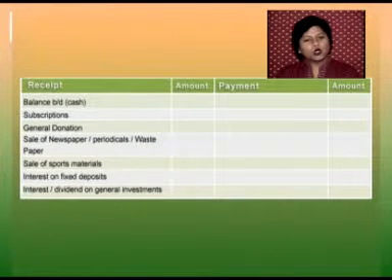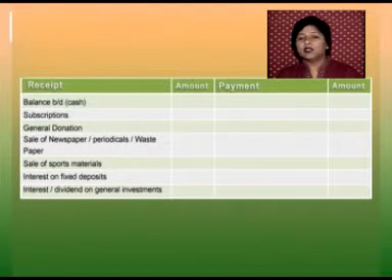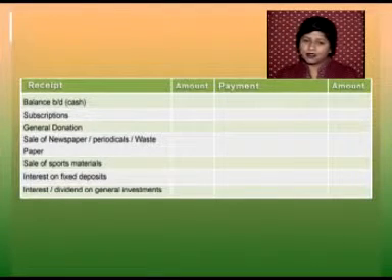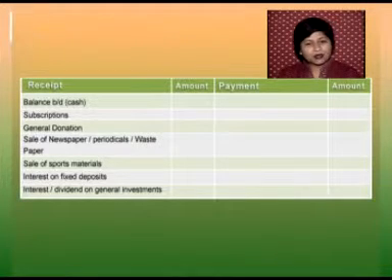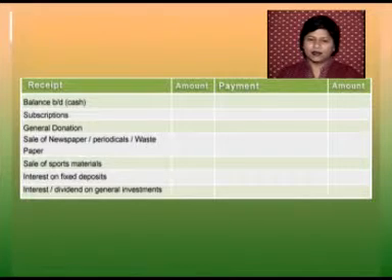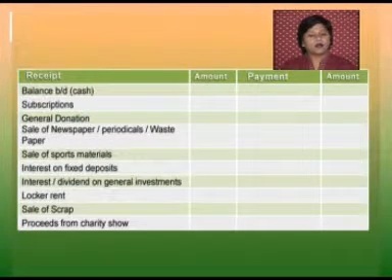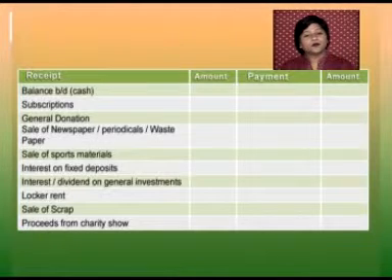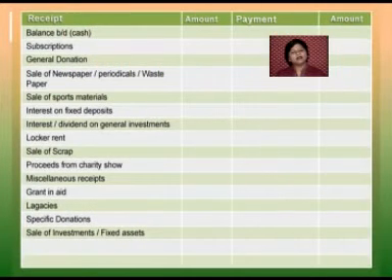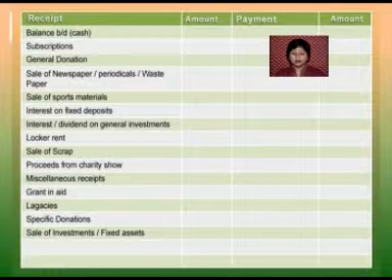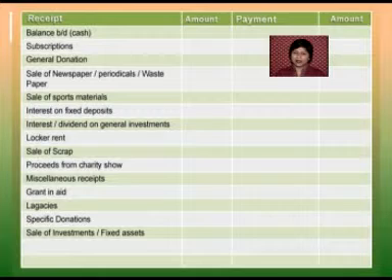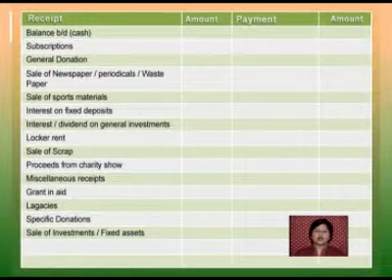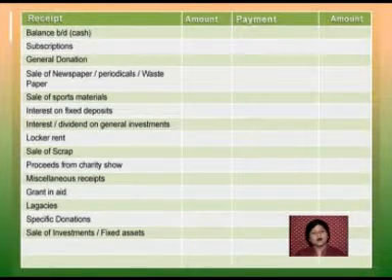These organizations also have fixed deposits, so any interest earned on those fixed deposits should be written on the receipt side. Any interest or dividend on the investments of the surplus fund should also be accommodated on the receipt side. Then there can be locker rent, sale of scraps, proceeds from charity shows, miscellaneous receipts, grant in aid, legacies, specific donations, sale of investments or fixed assets. From wherever cash is generated, all the items are written on the receipt side.